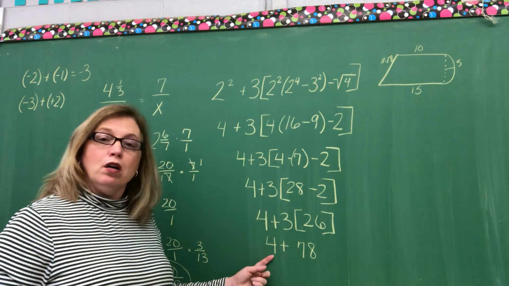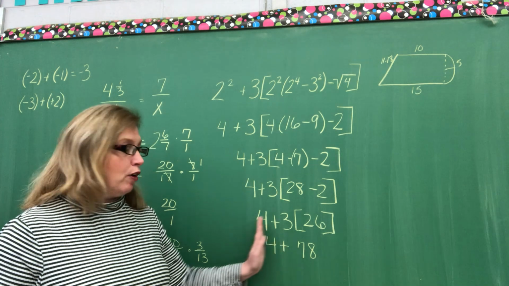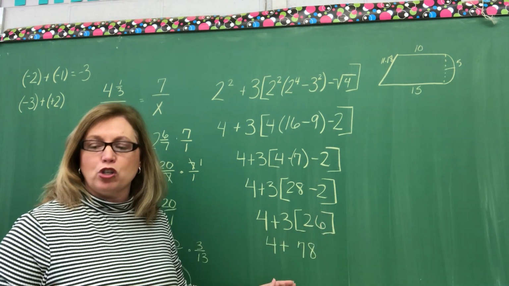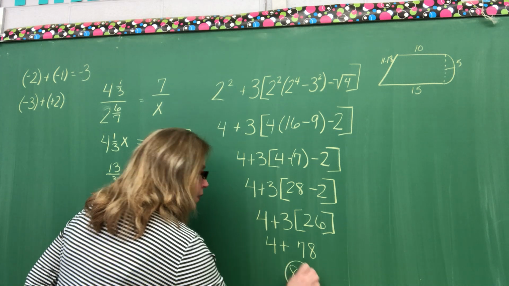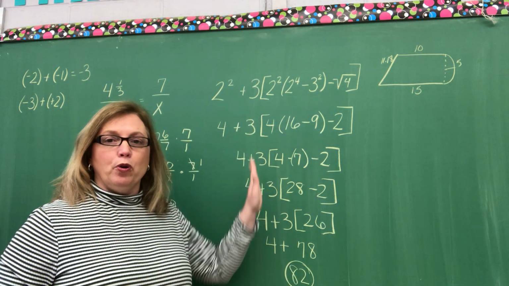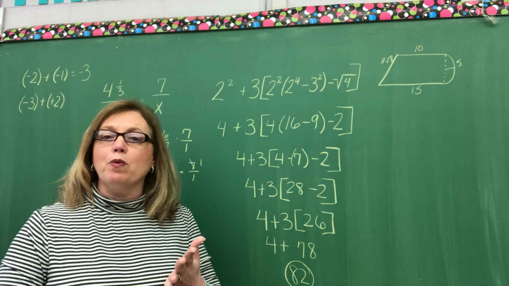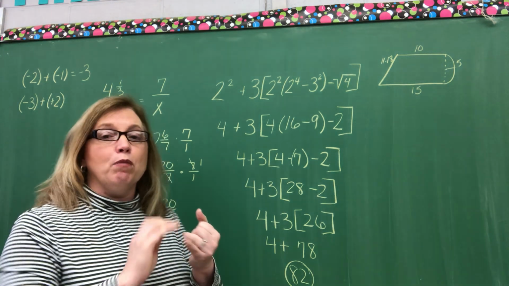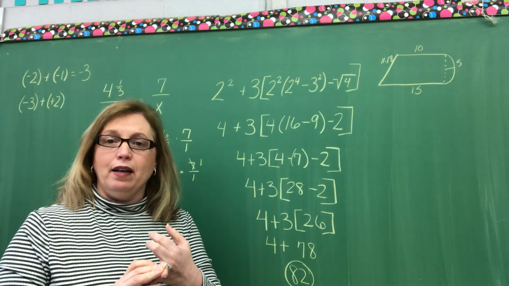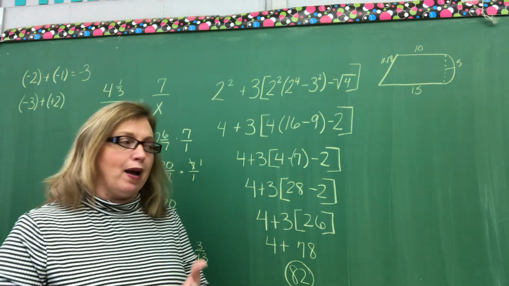Now, 4 plus 78, because we've finished all of our multiplication and division, we're just going to add these together, and we have 82. So remember, in your order of operations, do powers, parentheses. Always start with the innermost parentheses.